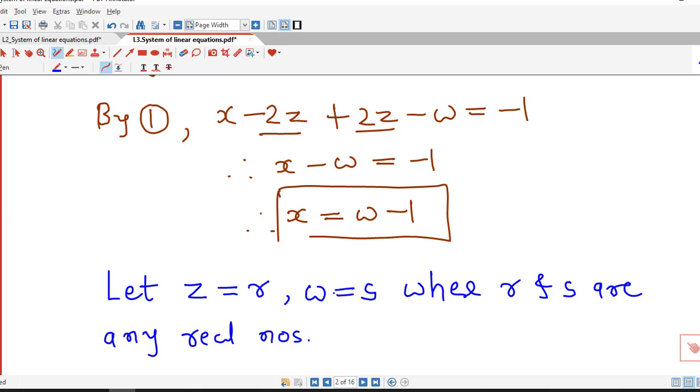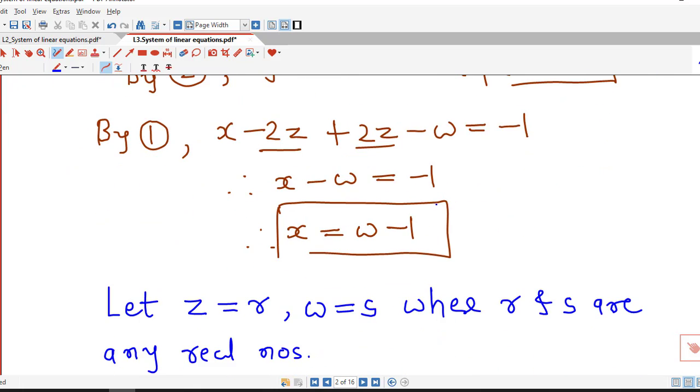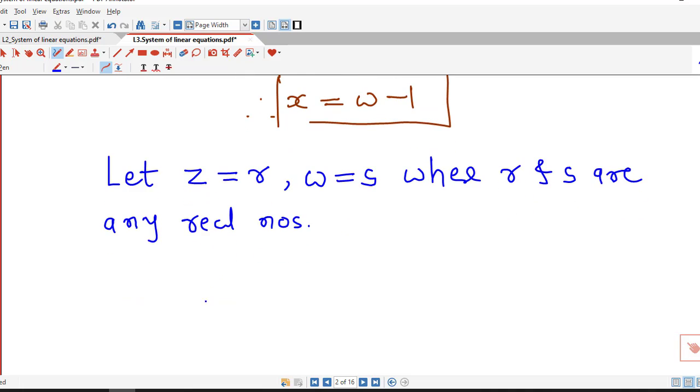So if we take z equal to r, w equal to s, therefore we can write our solution in terms of r and s.